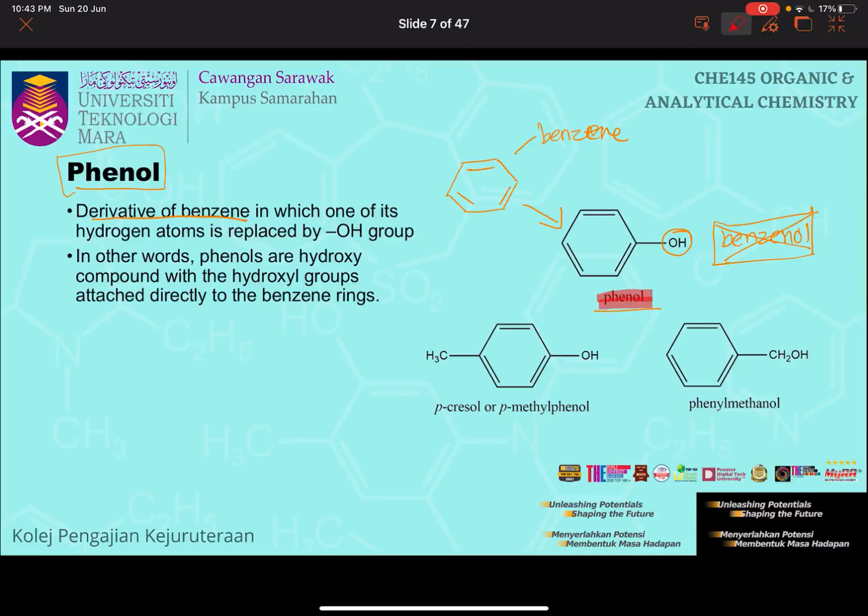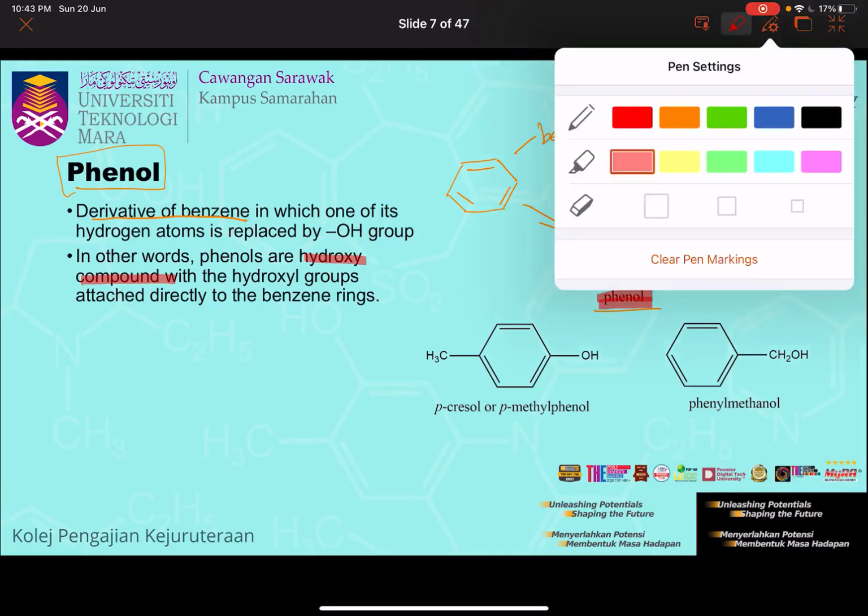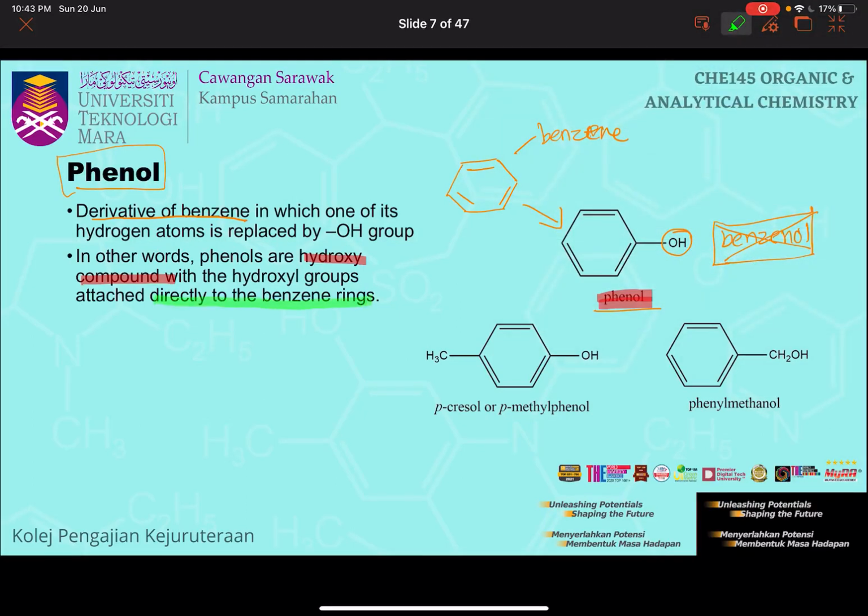In other words, phenols are hydroxy compounds with the hydroxyl group attached directly to the benzene ring. Here we have p-cresol, or paramethyl phenol. This part is the phenol, and this is a methyl.